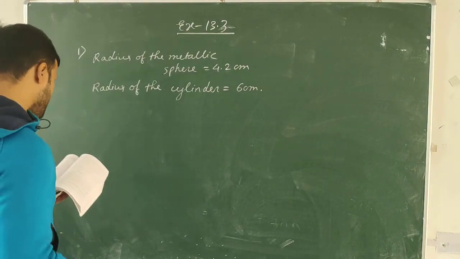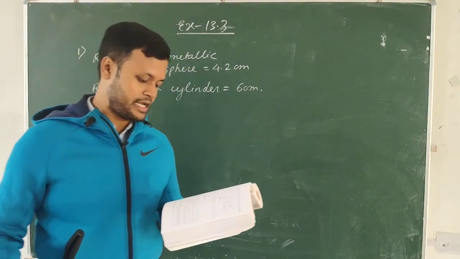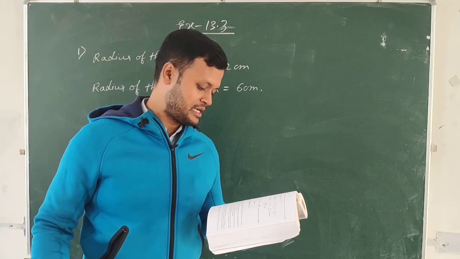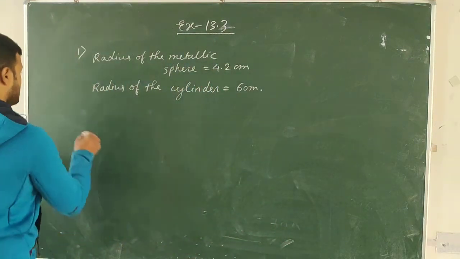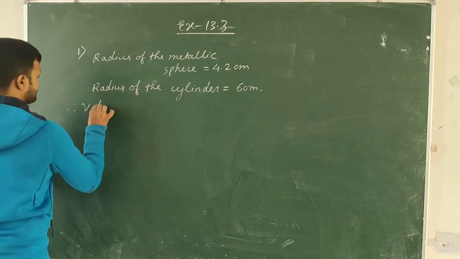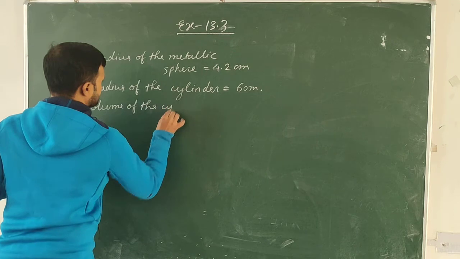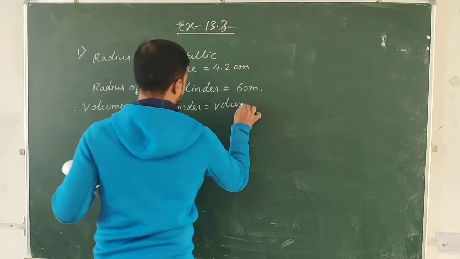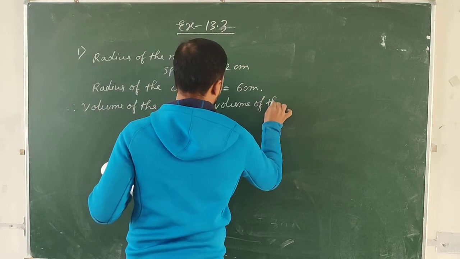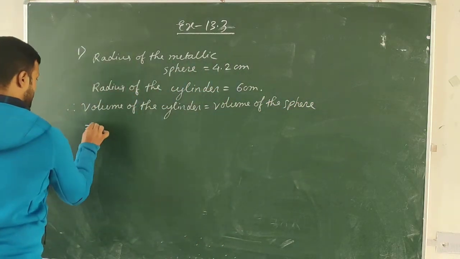Now students, a metallic sphere of radius 4.2 cm is melted and recast into the shape of a cylinder. So the sphere is melted to form the cylinder. Therefore volume of the cylinder is equal to volume of the sphere.